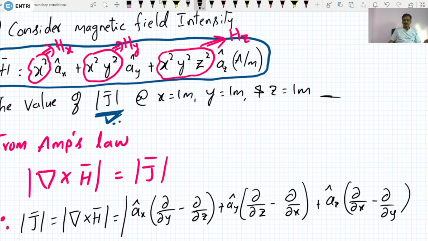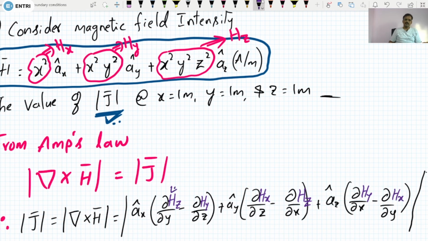Okay, so here this is the magnitude. So here what you have to write? Here this is Hz, and here it must be Hy, and here it is Hx, and here it must be Hz, and here it must be Hy, and here it must be Hx, right?